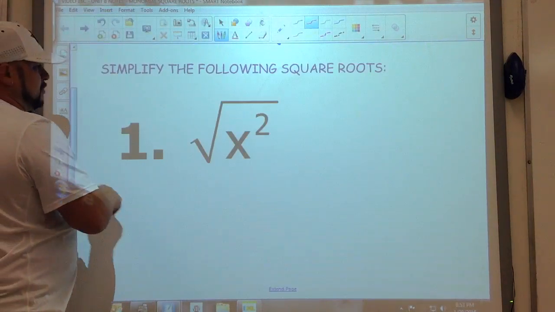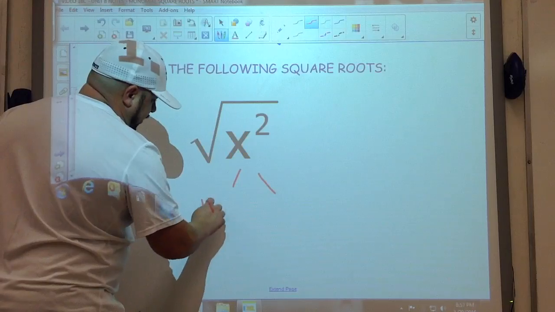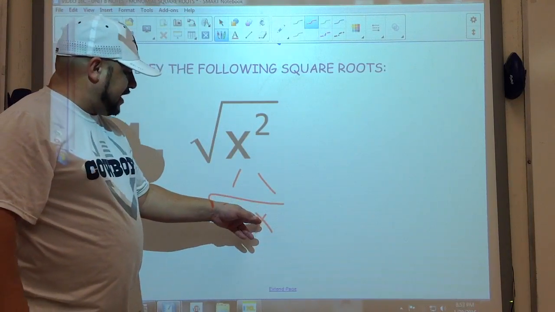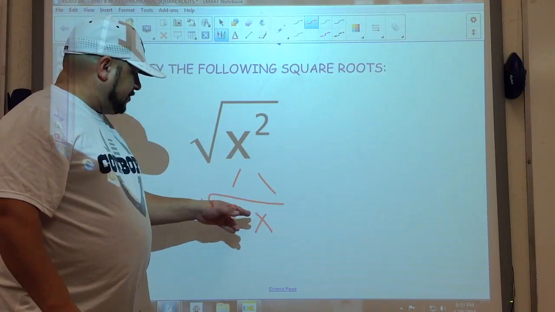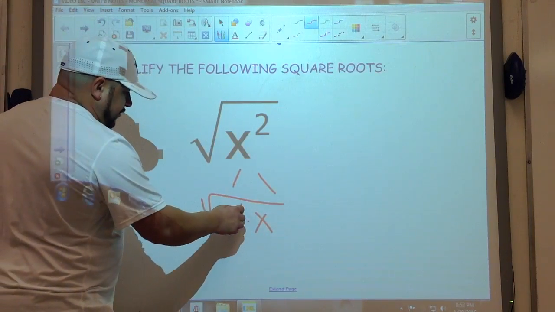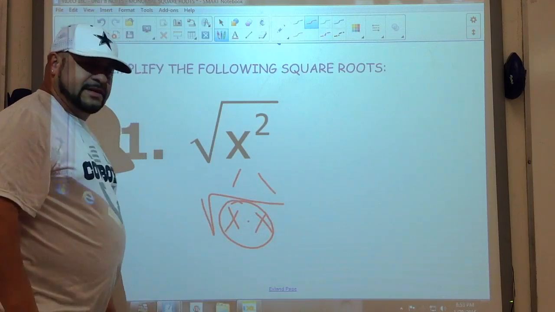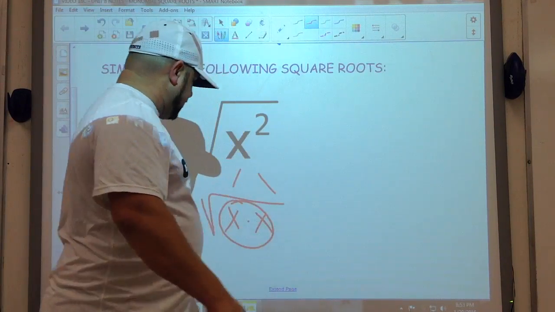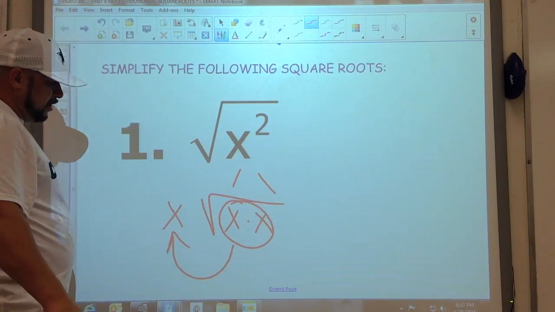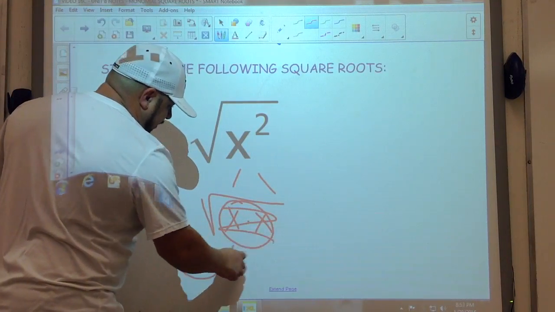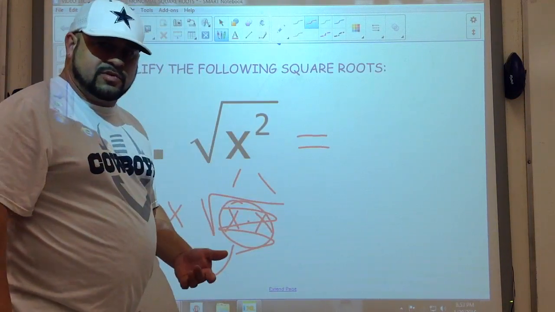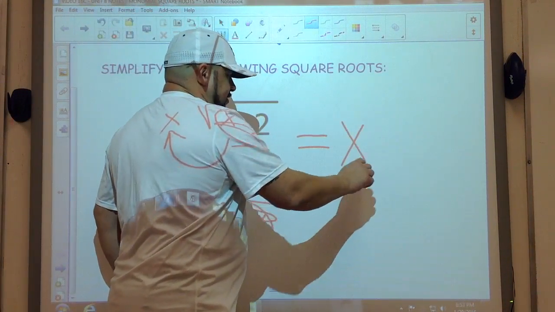For example, I could take x squared and separate it as x times x. X times x gives me 2 x's, and I'm looking for a set of 2's, and there's one set of 2 x's. So because of that, this can be represented by an x on the outside, and that would eliminate that. So here, the square root of x squared is just x.